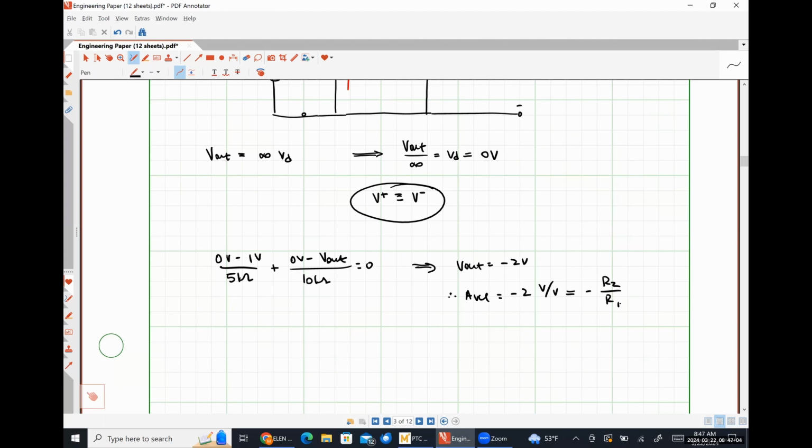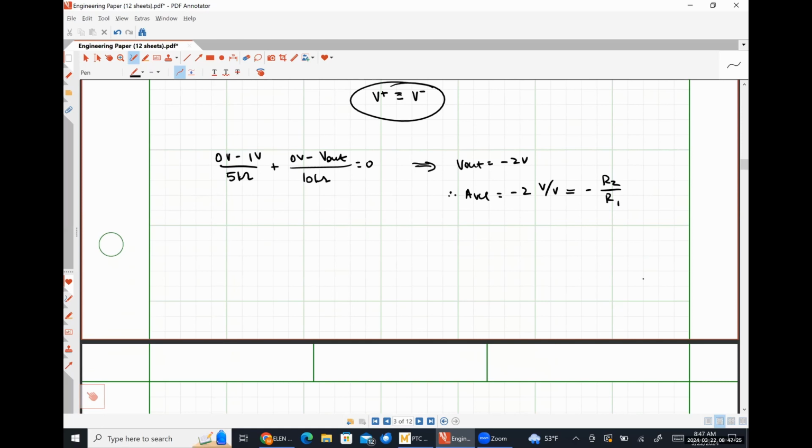So let's look at our voltage gain here really quickly, and let's calculate the amount of error that was introduced by using an ideal op-amp model versus the practical op-amp model, right?